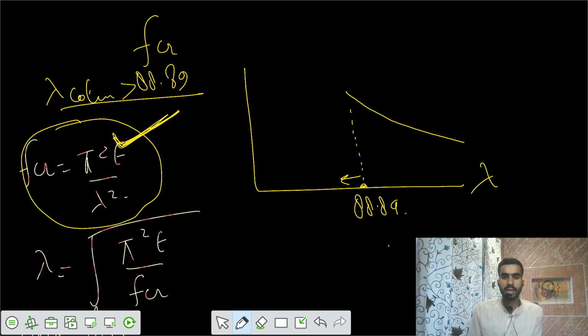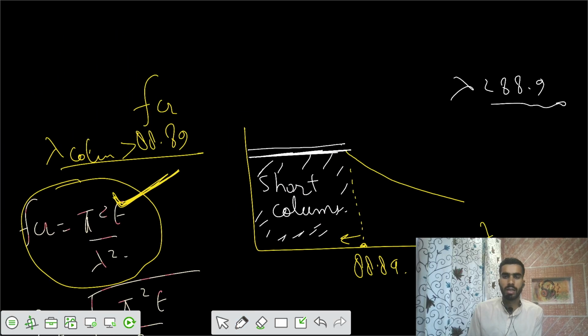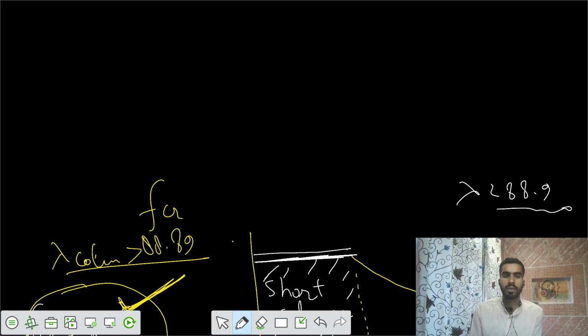And we say that there is a range for those columns also. We call them short columns. We don't say that for lambda lesser than 88.89 Euler's theory is valid.